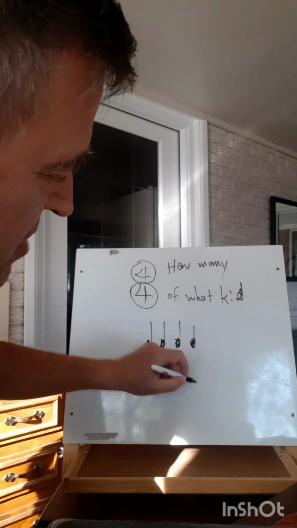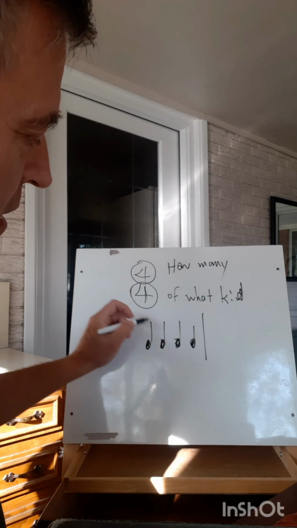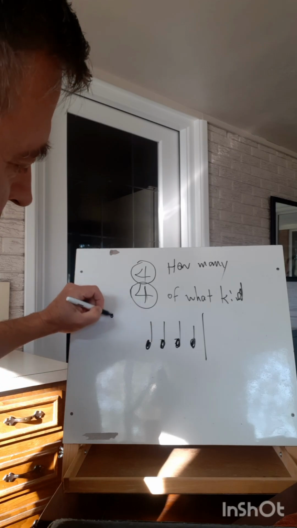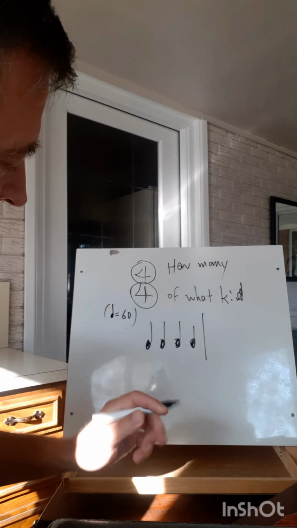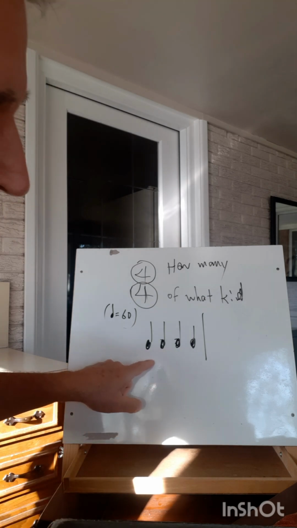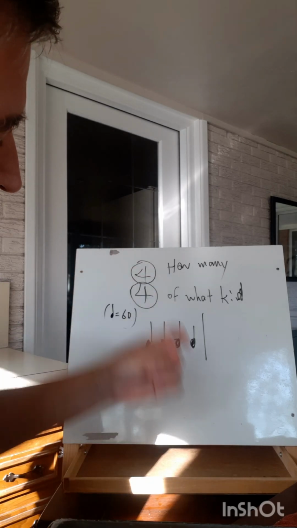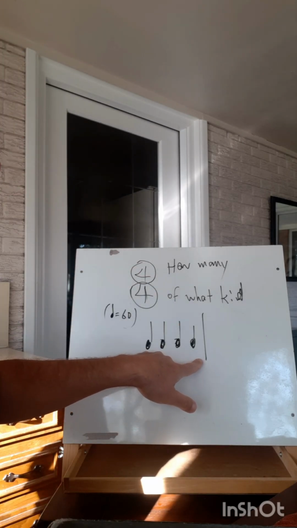And a measure is designated by this vertical line. And let's say that the quarter note equals 60 beats per minute. And so if the quarter note equals 60 beats per minute, then how this is going to be performed is da, da, da, da. And that's what happens inside of the measure.